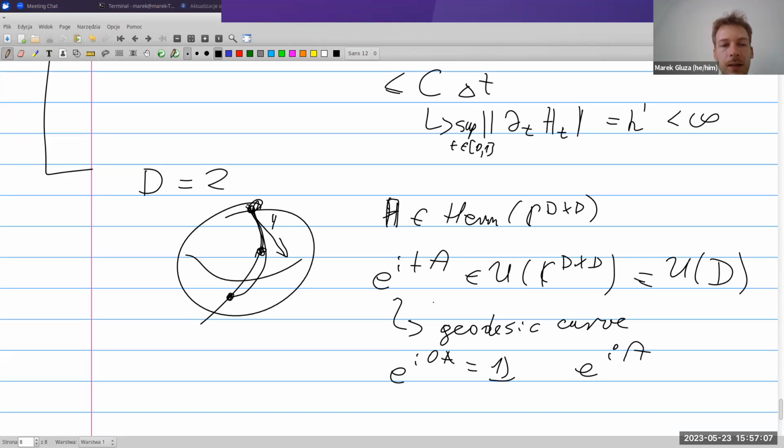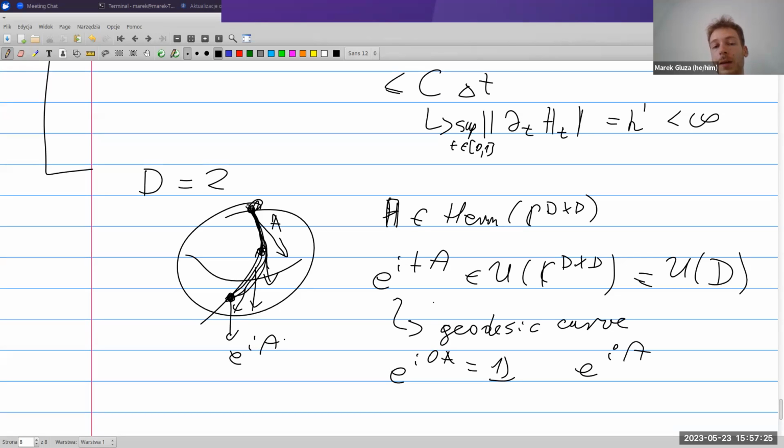So A is a velocity on that sphere. This is literally what's going on, and at all times this is the tangent to that curve. At some point, it will bring us to a point which we call E to IA on that sphere.